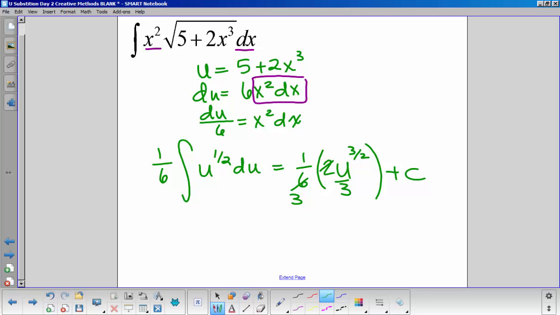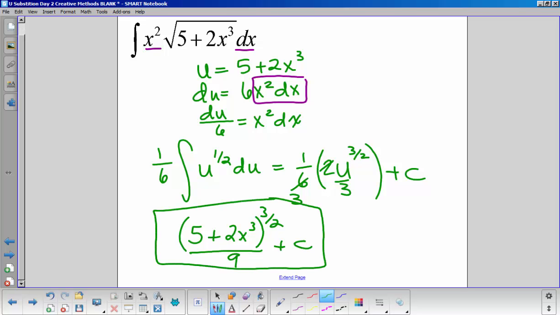So this would be 5 plus 2x cubed raised to the 3/2 divided by 9 plus c. Okay?